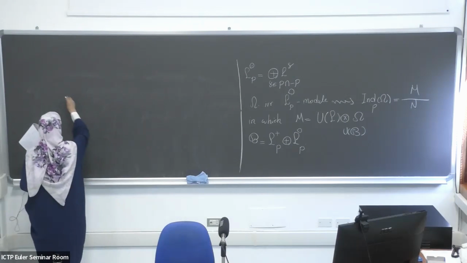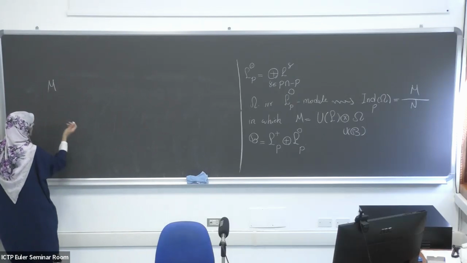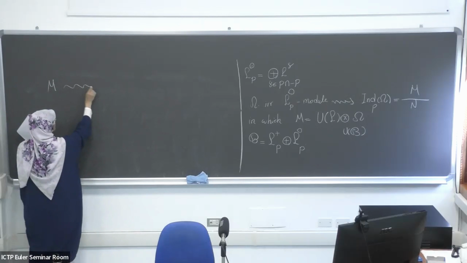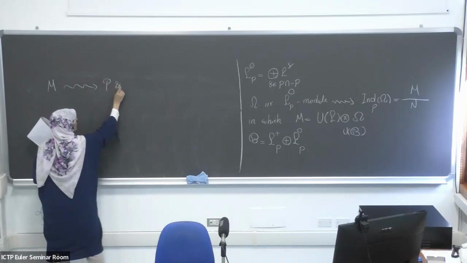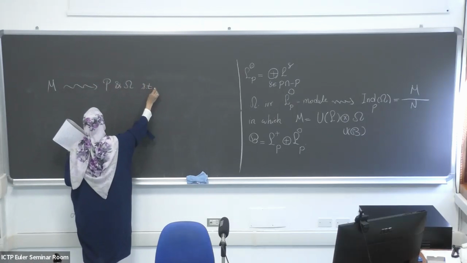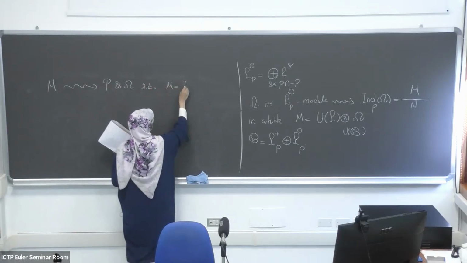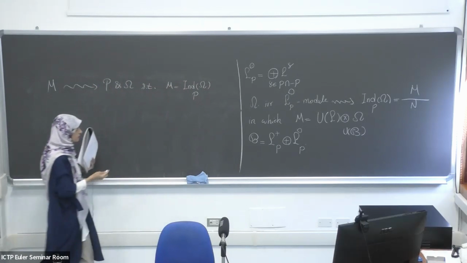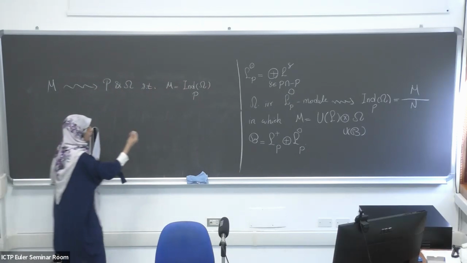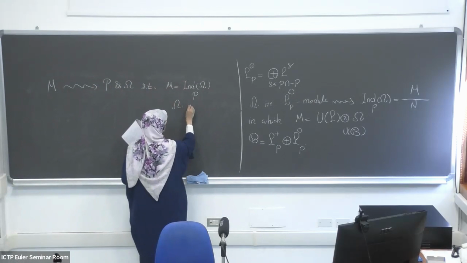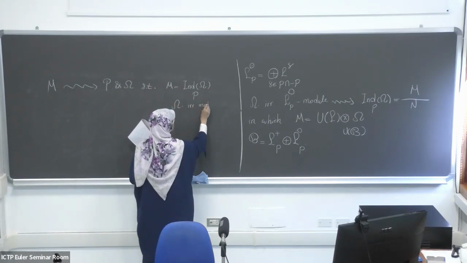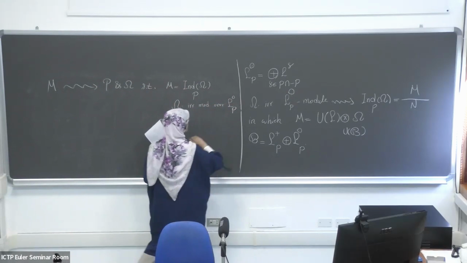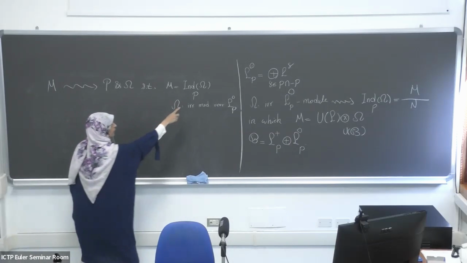We start with a module, and suppose that we are lucky and we can get P and omega such that M is induced from omega and P. And again, we can ask, this omega is an irreducible module over L null P. But how about this omega?